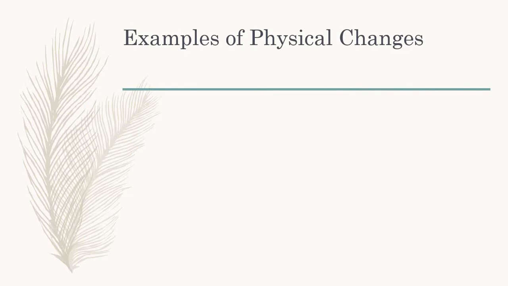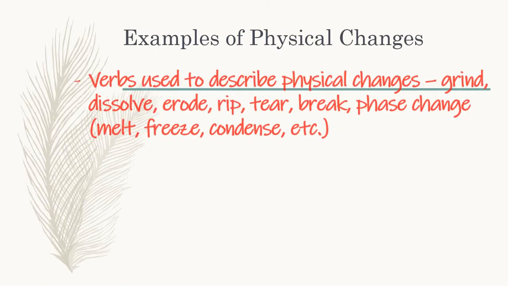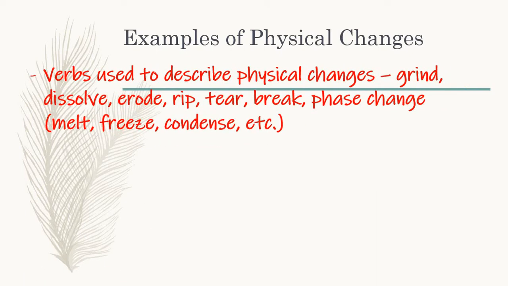We have here the different verbs that can be used to describe physical change. We have grind, dissolve, erode, rip, tear, break, and under phase change, we have melt, freeze, condense, and etc.